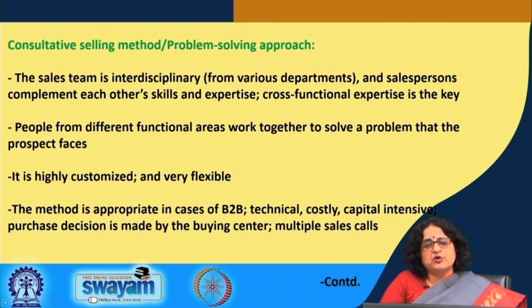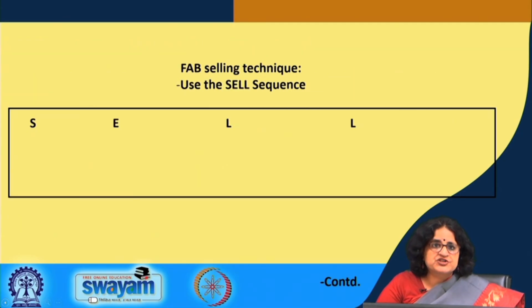So this method is appropriate for cases where the product is highly technical, costly, capital intensive, and purchase decisions are made by the members of the buying center or the purchase committee, each of which can say no, each of which can say yes, and this would mean multiple sales calls before the next stage is reached.